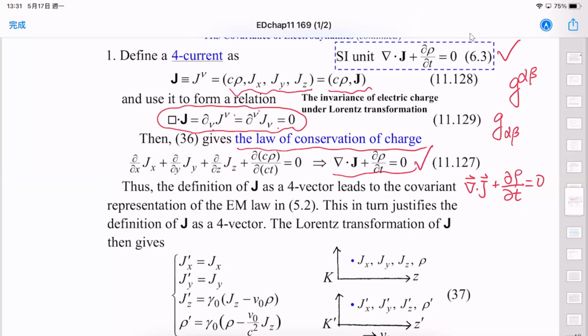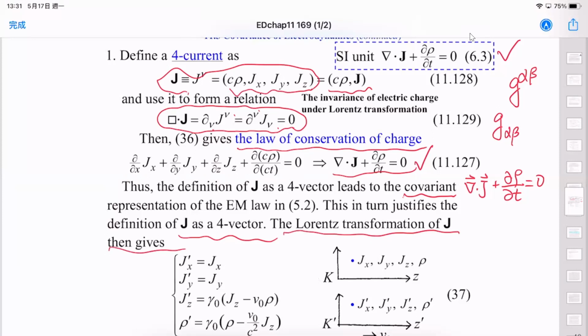The definition of J as a 4-vector leads to the covariant representation of the conservation of charge, which in turn justifies the definition of J as a 4-vector. So this is a definition, but later we justify it because of this. It's just like A dot B, or divergence J equals 0, the conservation of charge. So it satisfies the Lorentz transformation.